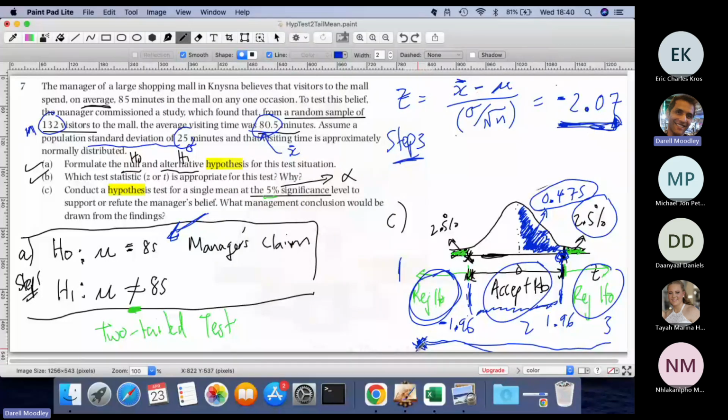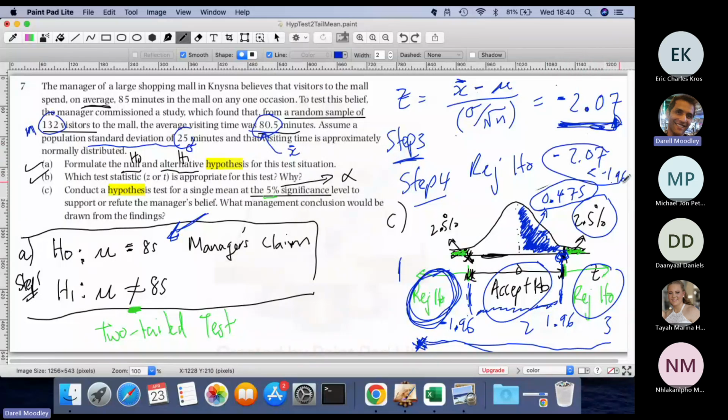Because it falls here, that means it's in the rejection region. So in other words, we reject H0. Your step 4 is simply saying reject H0 because minus 2.07 is in the rejection region. Or you could just say it's more negative than negative 1.96.